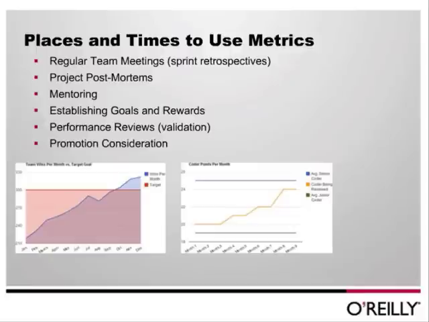And also you can use metrics as a way to track people and see when they are ready and at the level where they need to be considered for promotion.